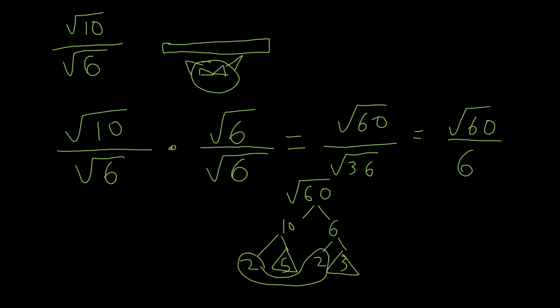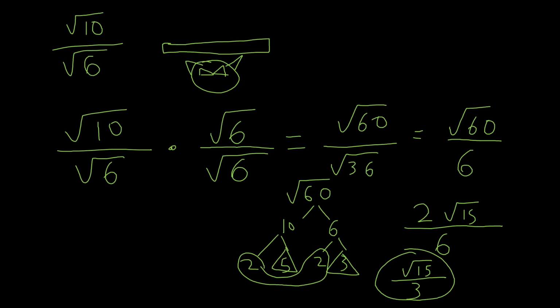So at the end, it's going to be simplified to be 2 square root of 15 over 6. And with this one, it can be simplified once more, that 2 and 6 can become square root of 15 over 3. And then this is your final answer, and we have no square root on the bottom.